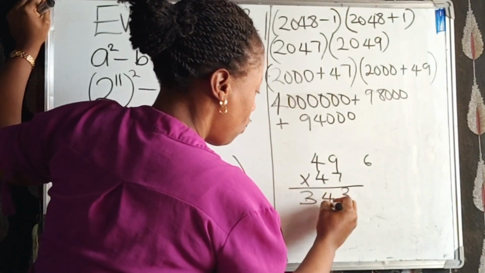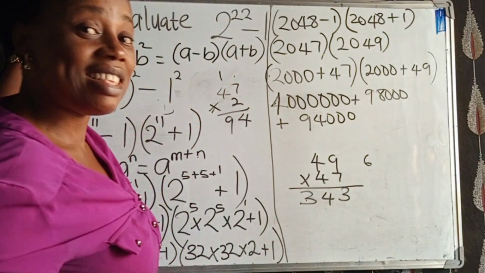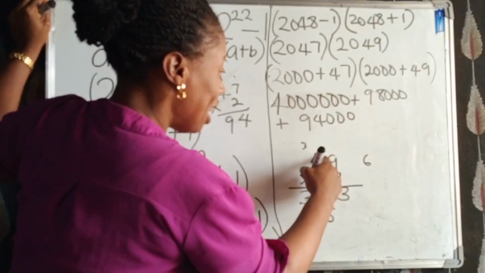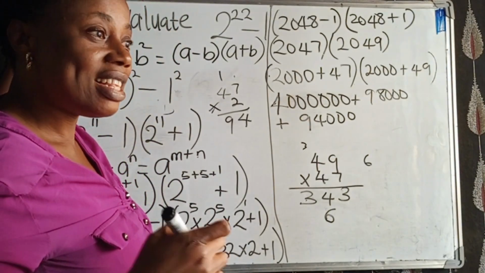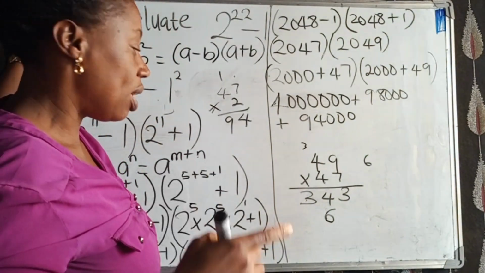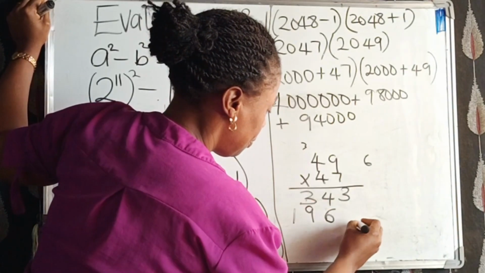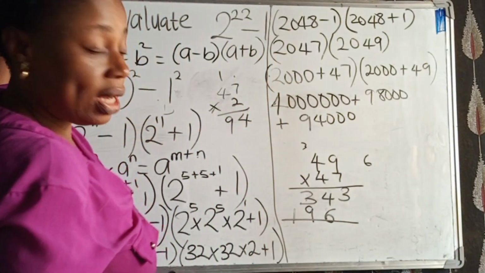Then 4 times 9 is 36, 6 carry 3. 4 times 4 is 16, 16 plus 3 will be 19. So let's add them together.